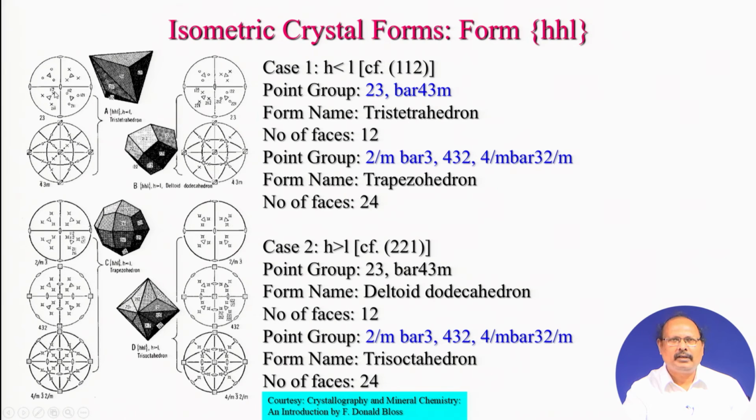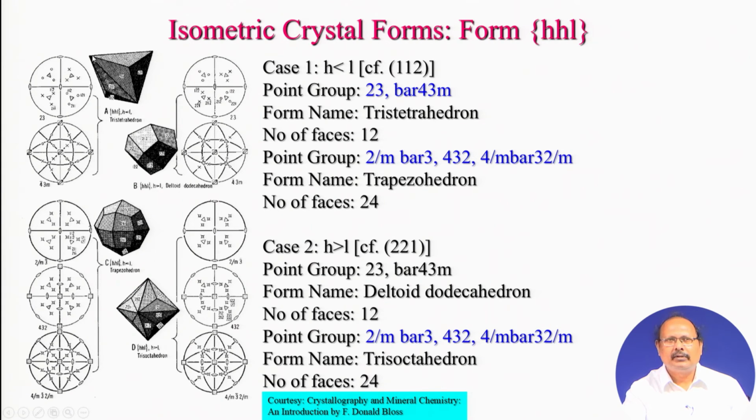So, a total of 3 into 4, 12 faces will be generated here, and these 12 faces we call a tristetrahedron. What does it mean? You read it in two parts: tris, that means 3, and tetrahedron, which has 4 faces. That means each triangular face in a tetrahedron now consists of 3 faces, 3 triangles.